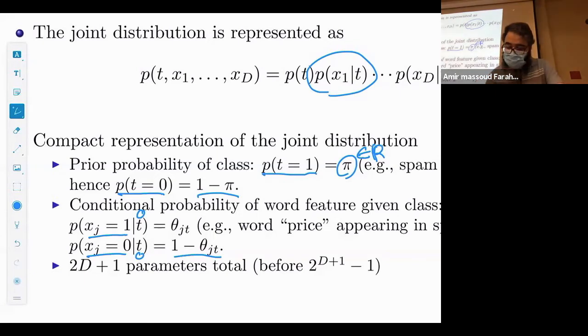So we can represent it with some theta of j and t being 0. Now t can also be equal to 1. So we have two parameters to describe p of x conditioned on t.